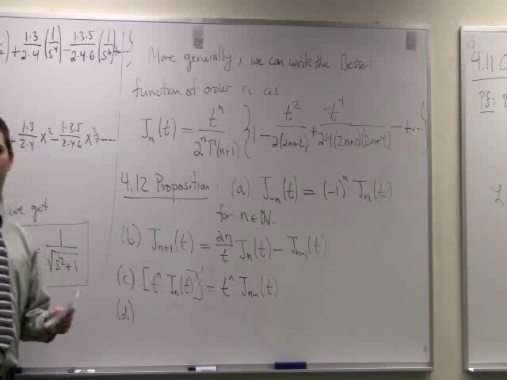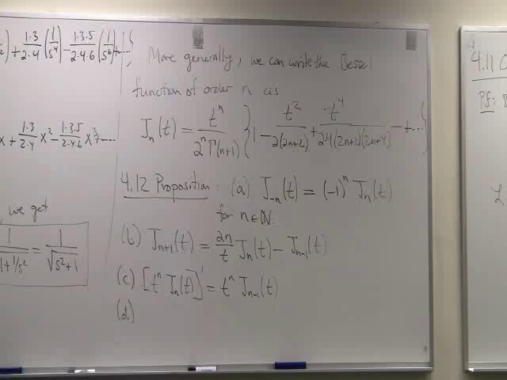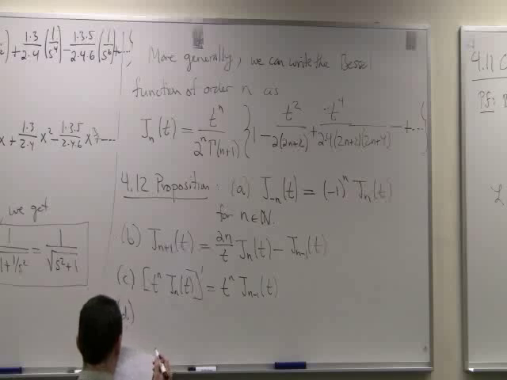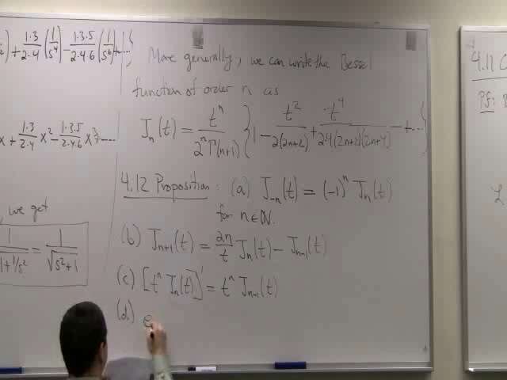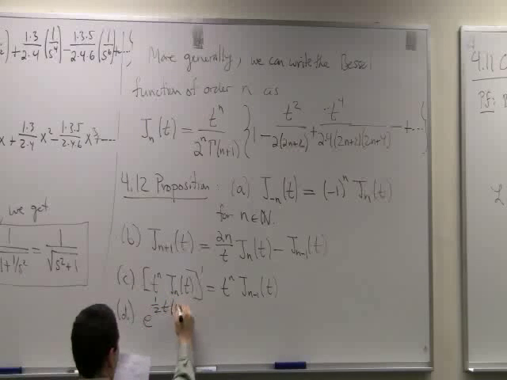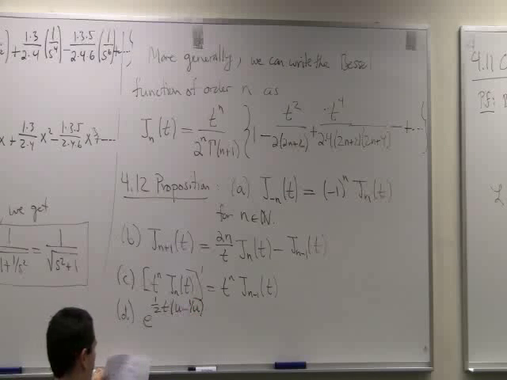Those of you who are in 481 might remember a problem on Bessel functions we had on the homework. And this function that I'll write down here was instrumental in that problem. So if we take the exponential, e to the 1/2 times t times, well, I'll change the variable, make it a u, u minus 1 over u.